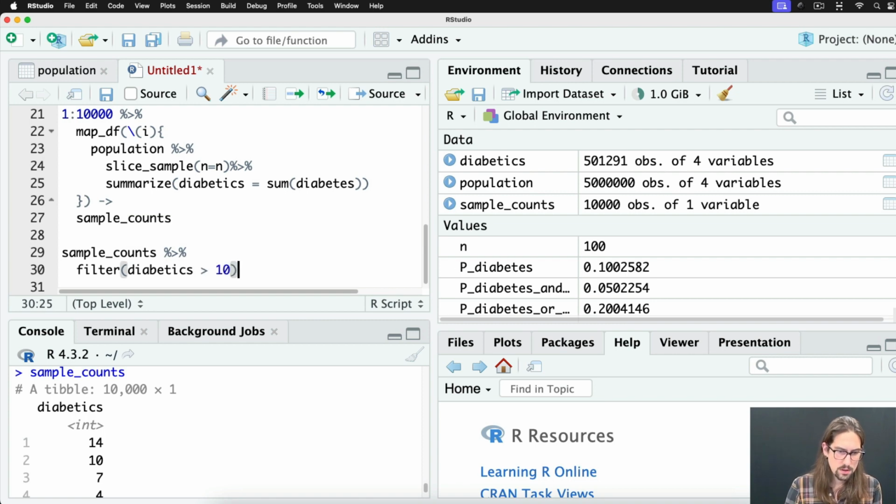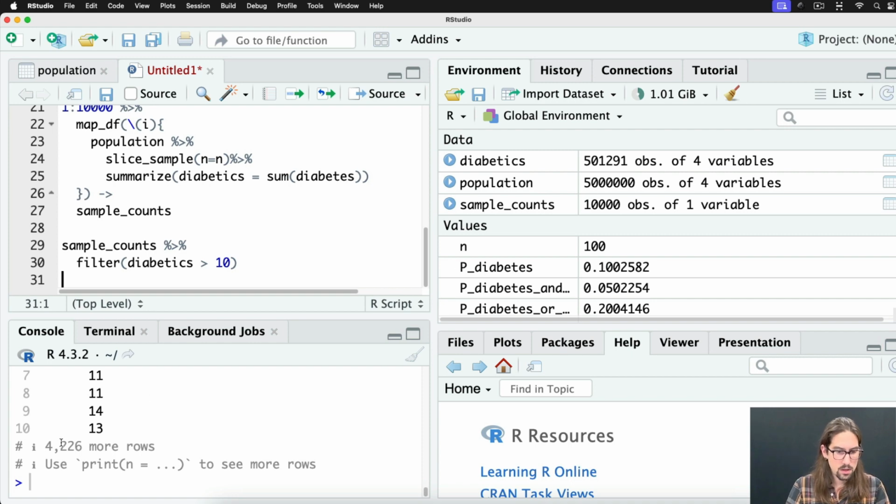So, filter to the rows where we got a result with more than 10 diabetics. Okay, so that happened about 4,200 times out of the 10,000. So that probability is roughly 42%.